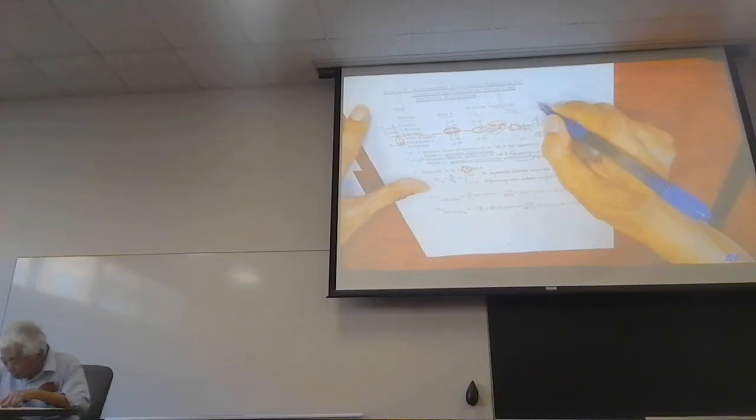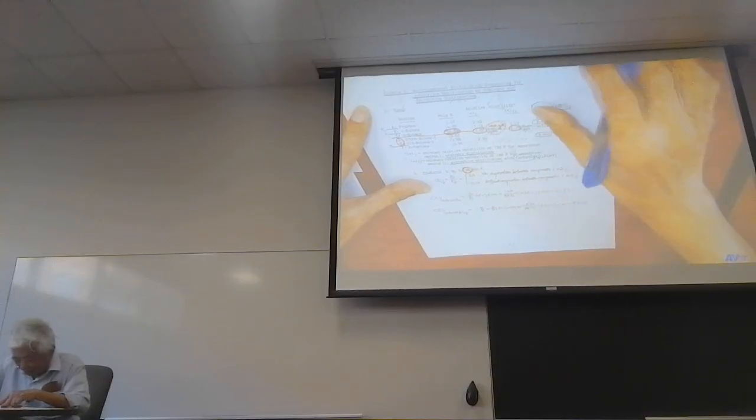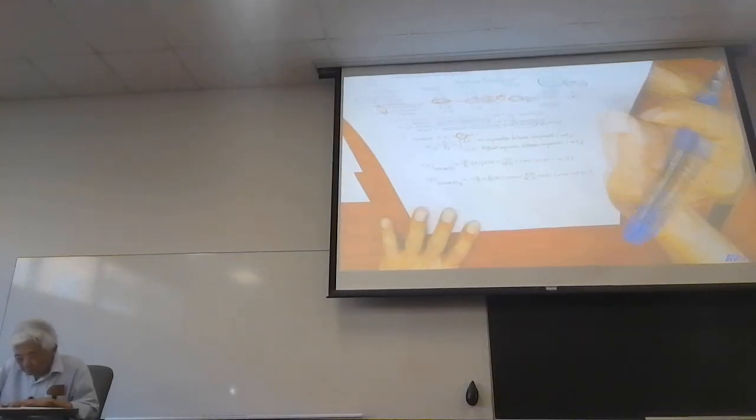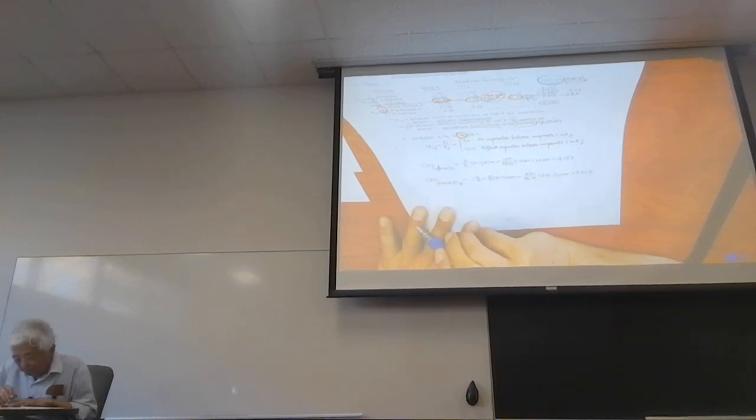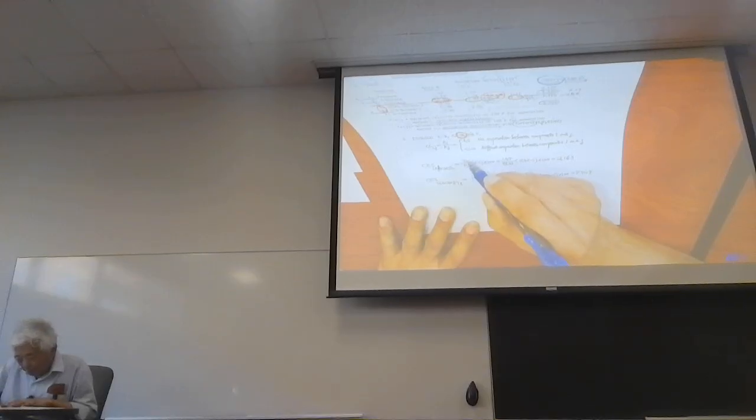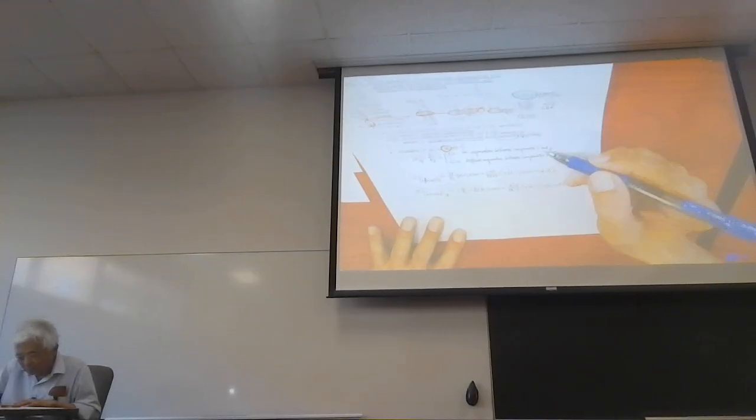This is where we use CES. Let's take a look. A, B, C, D, E, F. Split ratio times relative volatility minus 1 times 100.